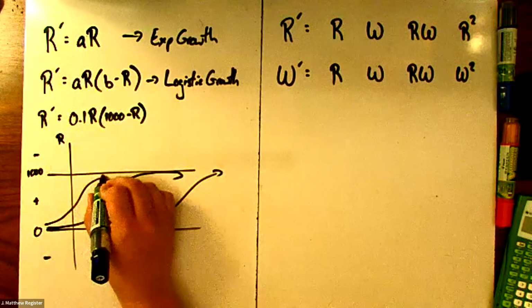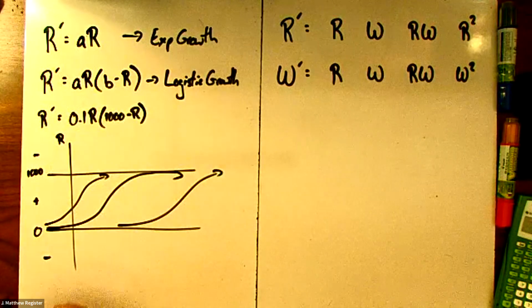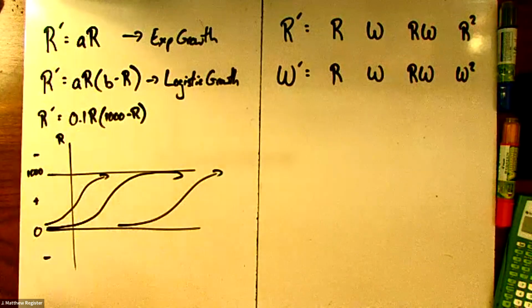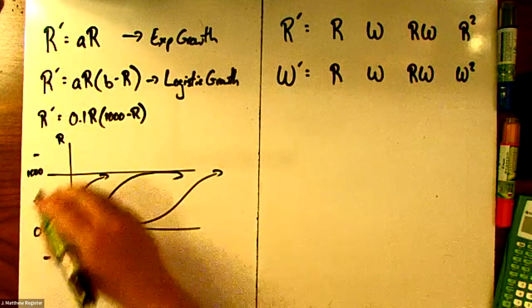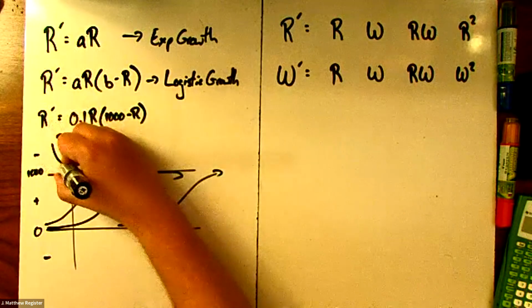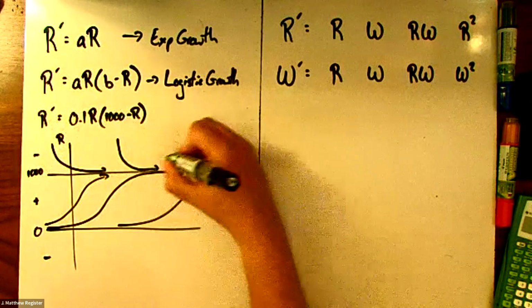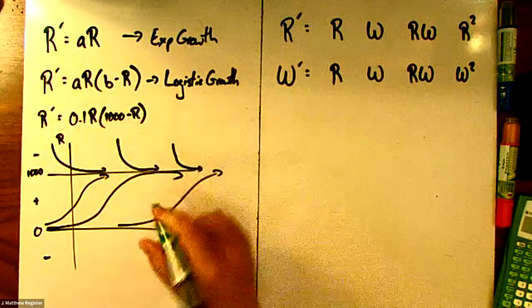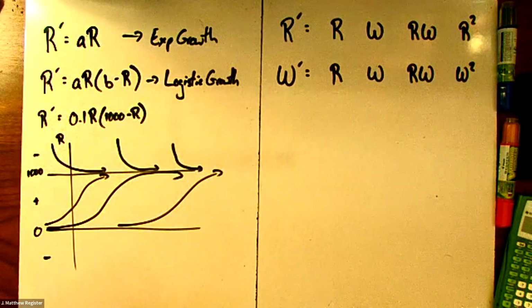Basically, no matter what our starting population is, our population grows to roughly 1,000, and then it stays there. If you start with a population which is more than 1,000, it's actually going to decrease in an exponential way towards that 1,000. This is basically the limiting factor for logistic growth.